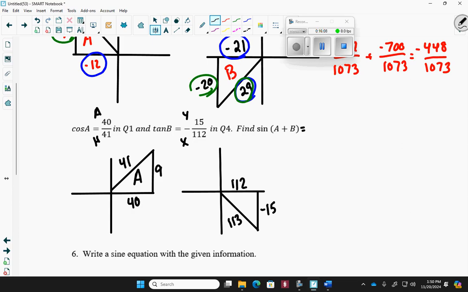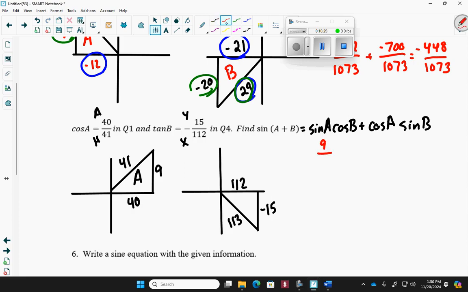So we're trying to find sine, so that's going to be sine of A cosine of B plus cosine of A sine of B. All right, so I'm going to go ahead and speed up.